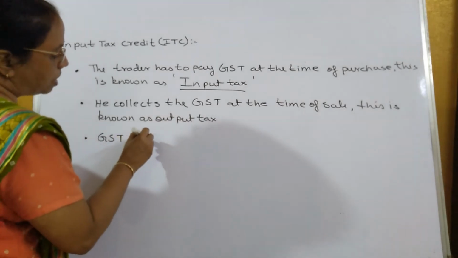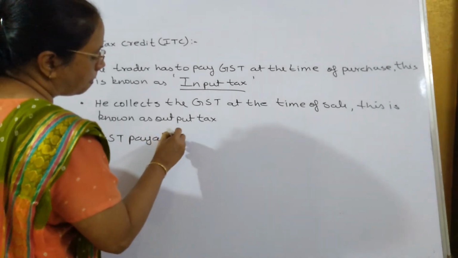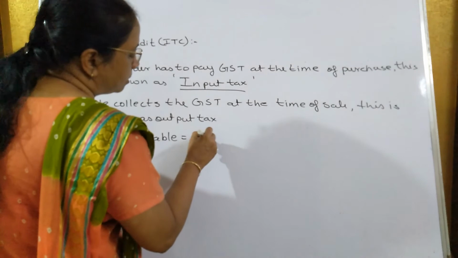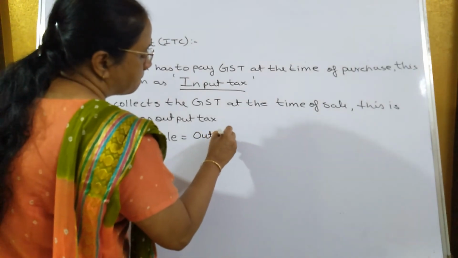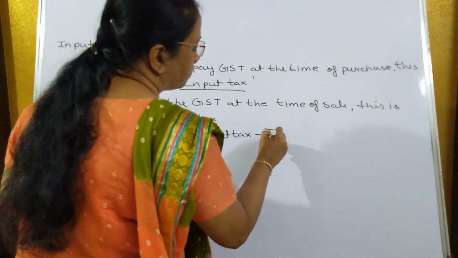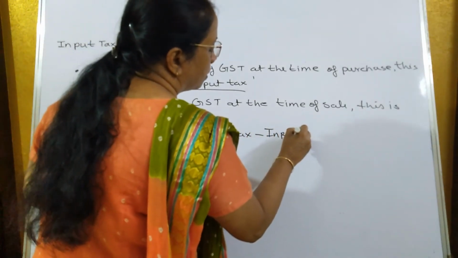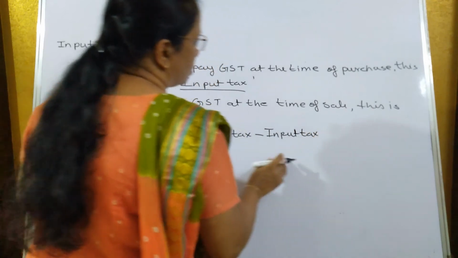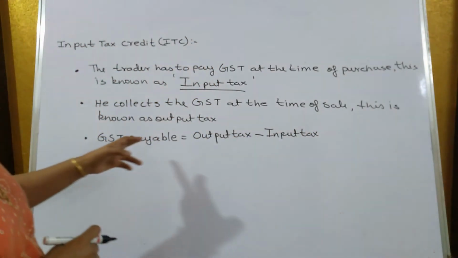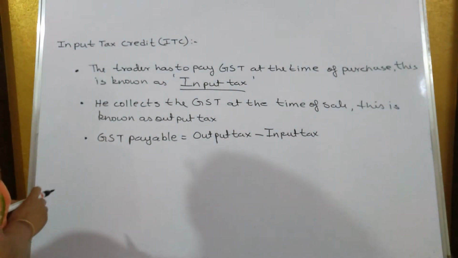So GST payable is how much? So how much will he pay to the government? The output tax minus input tax. So after subtracting the input tax from the output tax, whatever is remaining, that he will pay to the government.